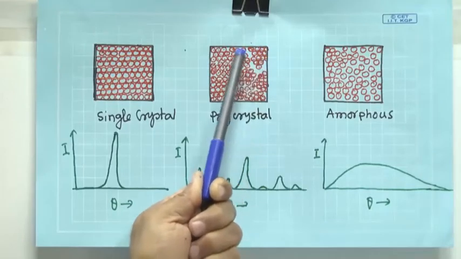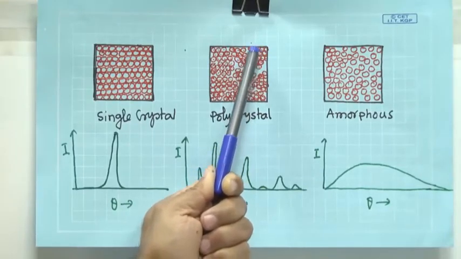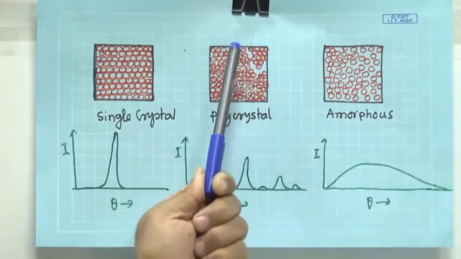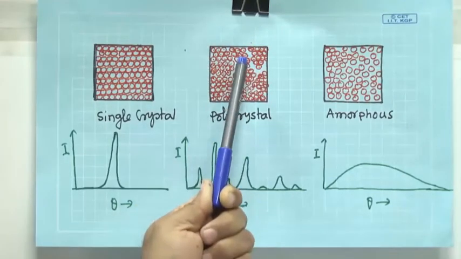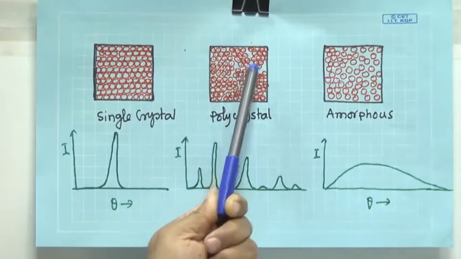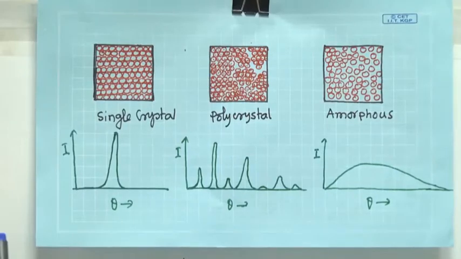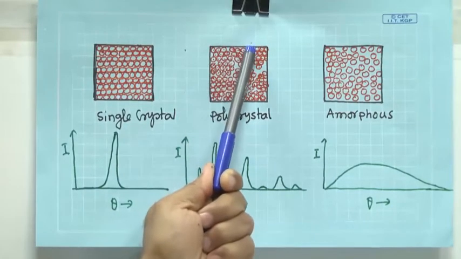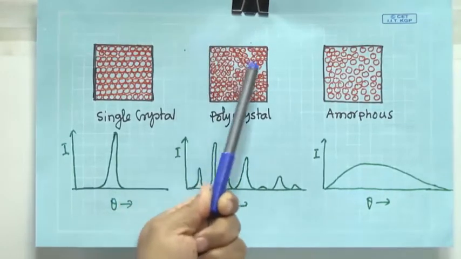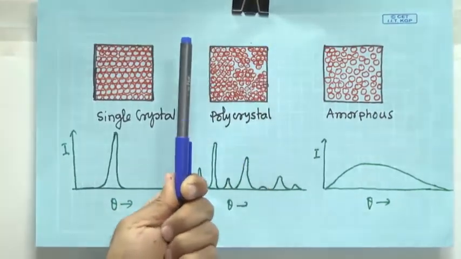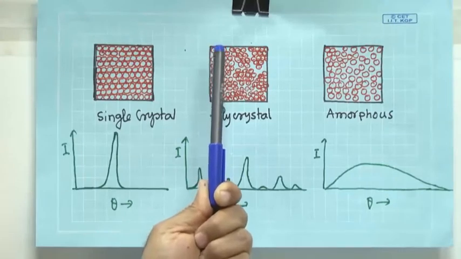These grains are ordered, but the ordering direction differs from this region to the other region, so that is another grain. Within a grain the atoms are ordered, but between grains there is a boundary, which comes because of their slightly different orientation. So this type of material does not follow the same ordering throughout the material.